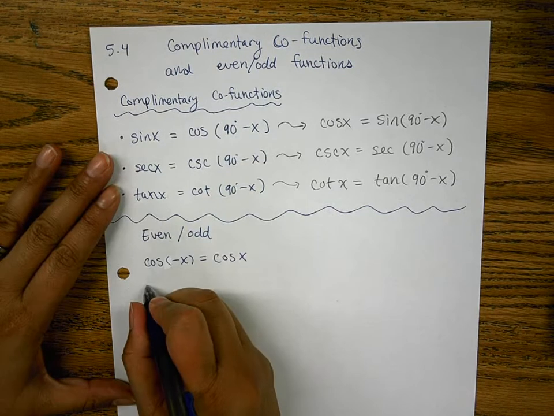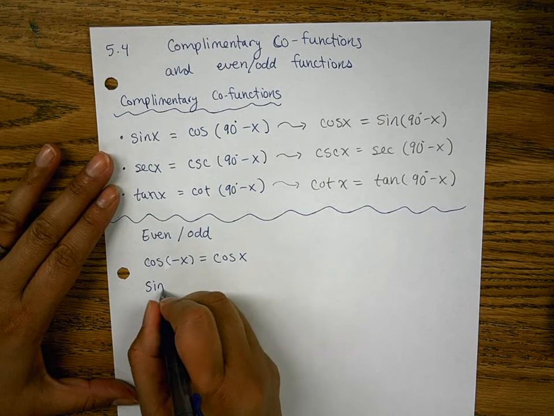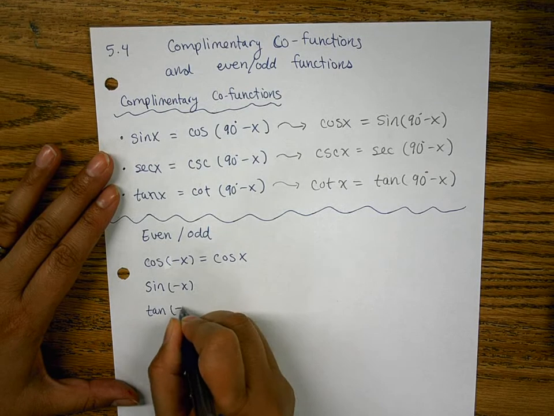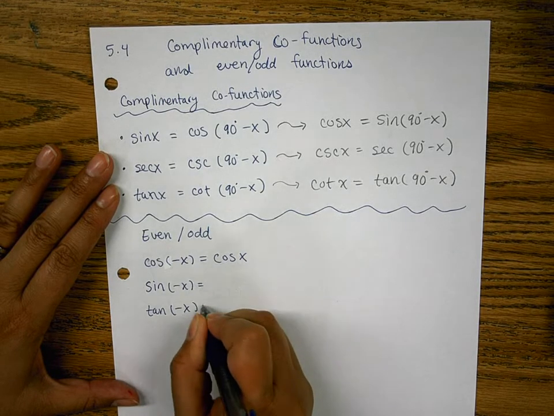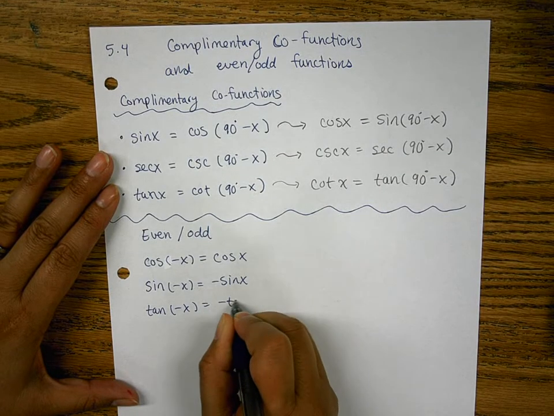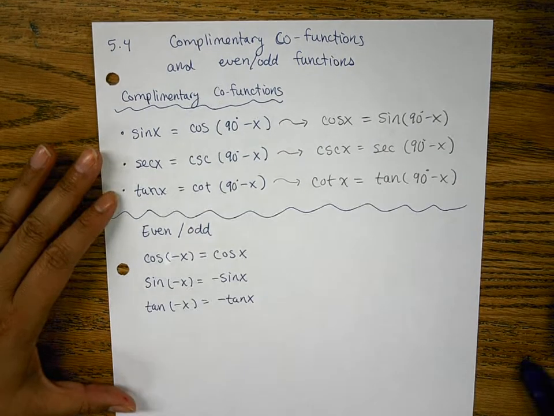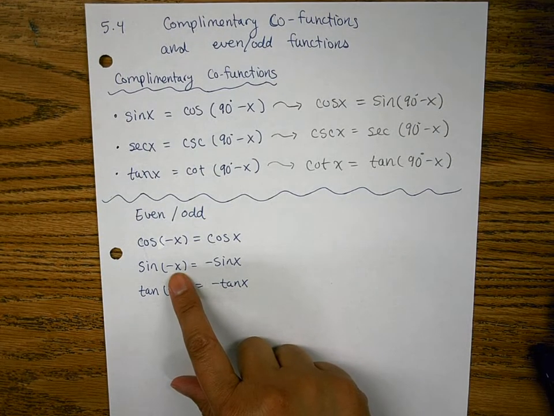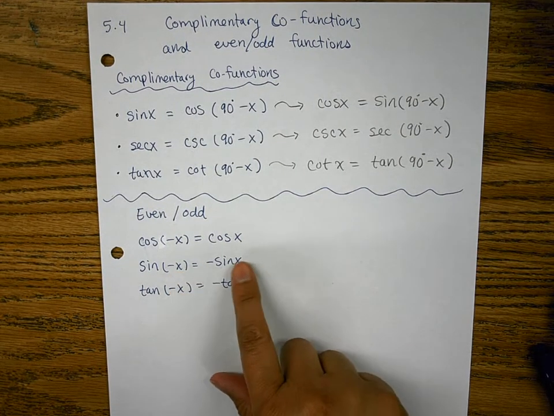An odd function is for the sine and the tangent. That's when you plug in a negative x and you end up with the opposite. Negative sine x, negative tangent x. So what this is saying is if I found sine of negative 30, it would be equivalent of negative sine 30.